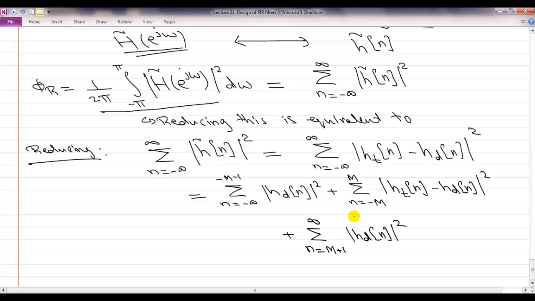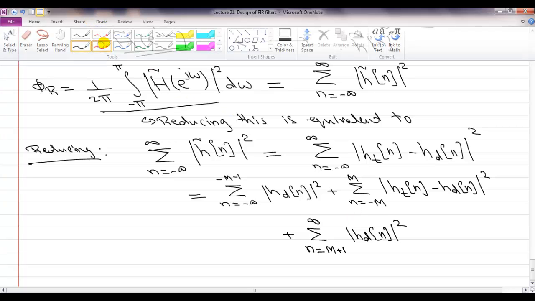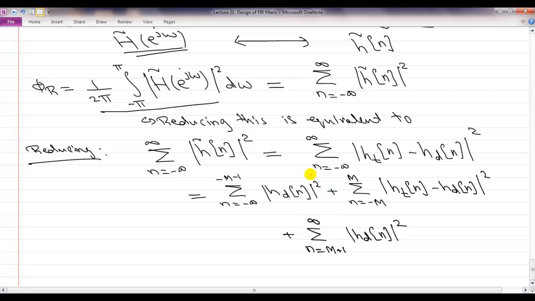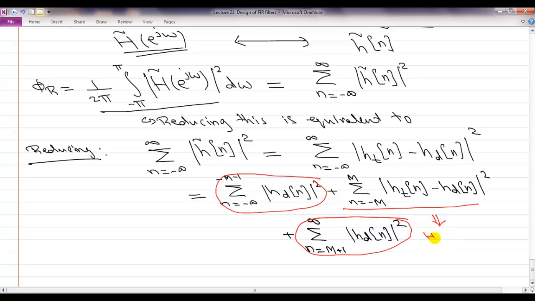Now no matter how I pick my ht of n, I cannot reduce this quantity and this quantity, because both of these quantities are not functions of htn. The only quantity that I can reduce is this quantity. How can I reduce it? What is the smallest that this quantity can be?